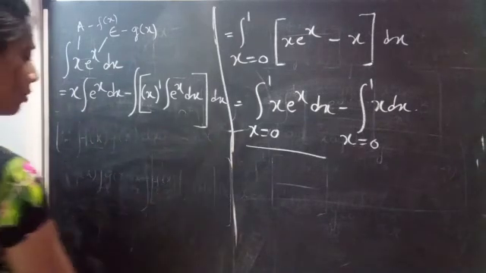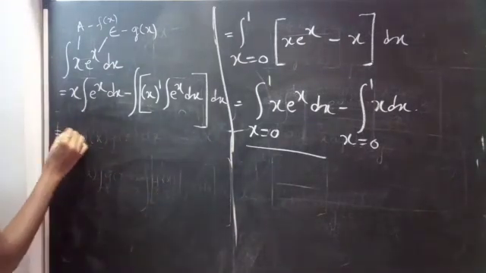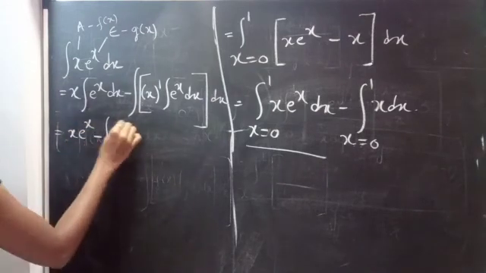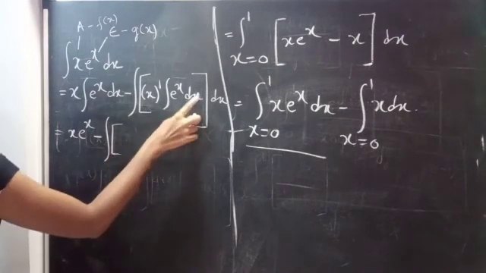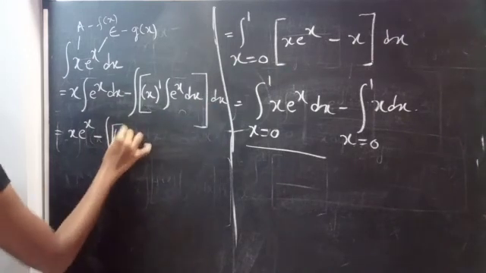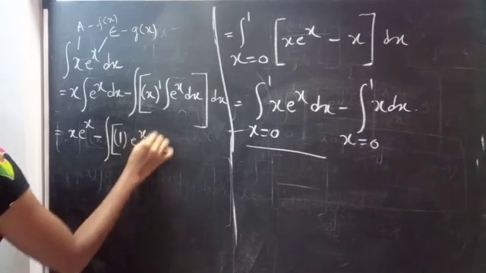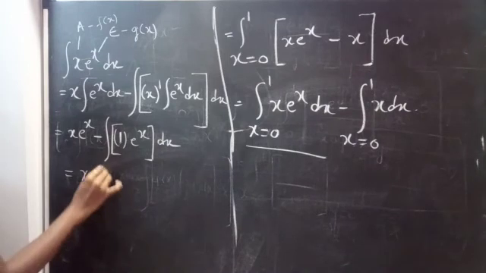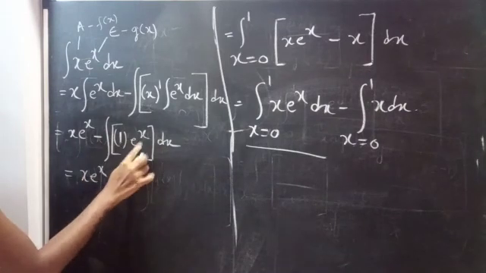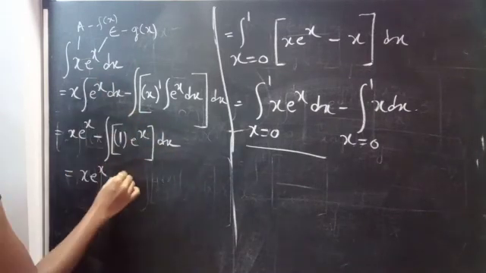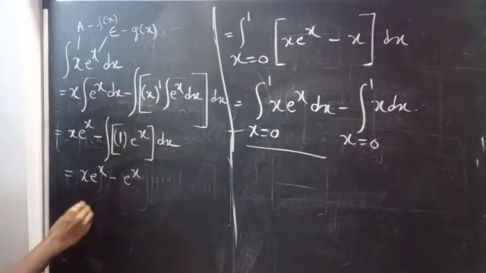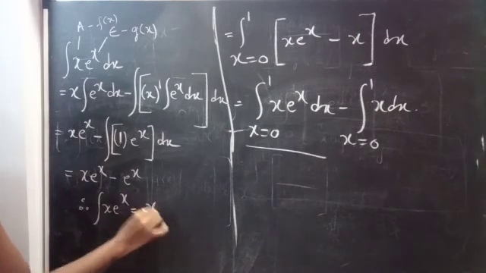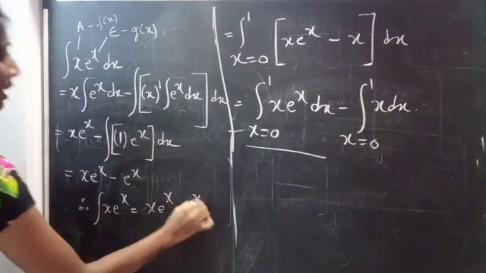Simply we use the formula. So this equals x into e power x, since the integral e power x is e power x, minus the integral of the derivative of x with respect to x, which is 1, into the integral e power x, which is e power x, dx. So this equals x into e power x minus the integral e power x dx, which is e power x. So therefore the integral x into e power x is equal to x e power x minus e power x.